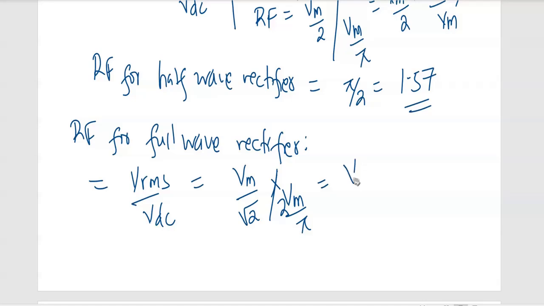So this is equal to Vm divided by root 2, times pi divided by 2Vm.